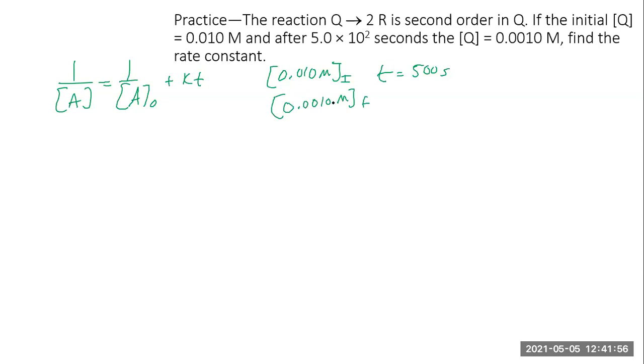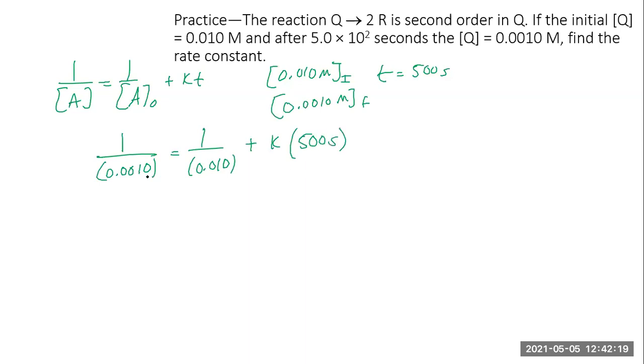So that's pretty much everything we need. So we'll plug those into the right spots there. So that's going to be 1 over 0.0010 is equal to 1 over 0.010 plus k, and again, 500 seconds in this case.